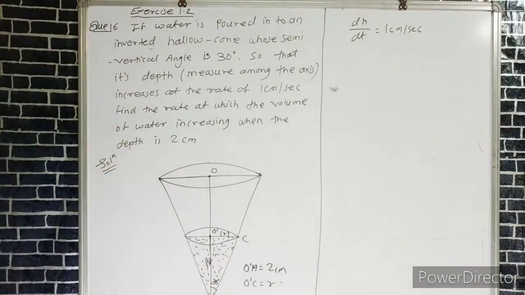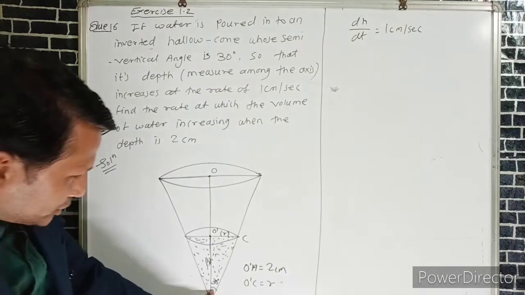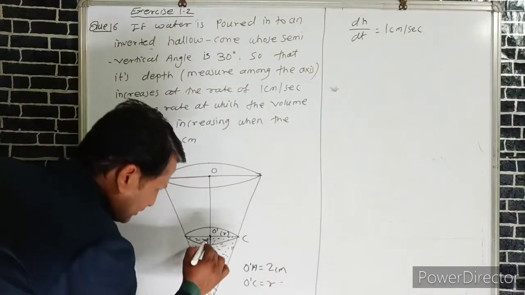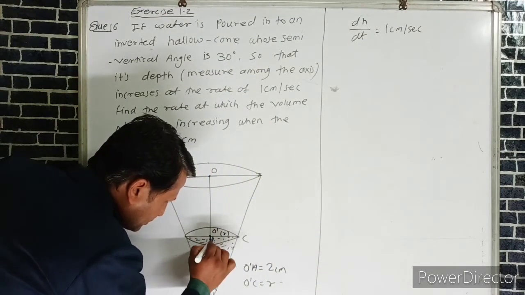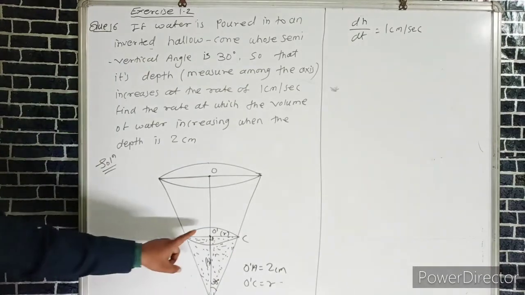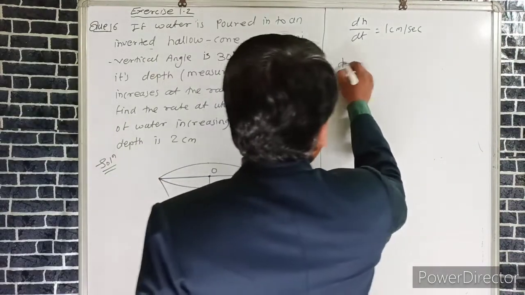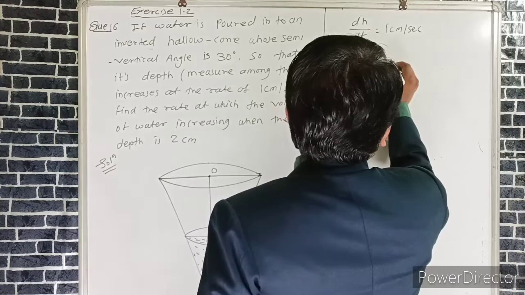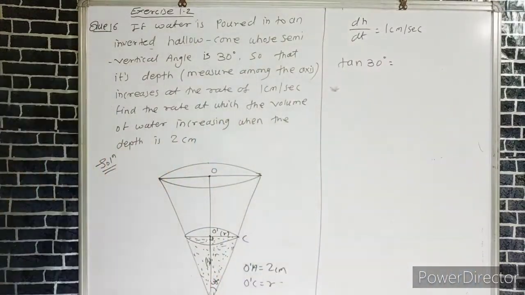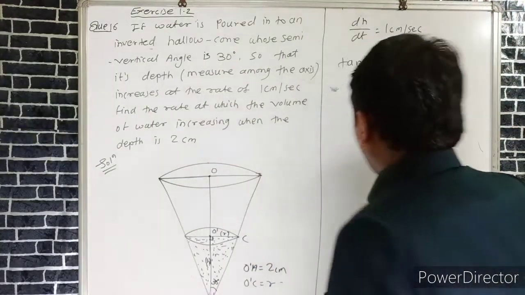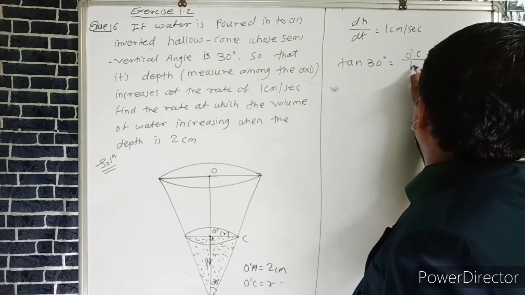Also here we have to find the rate of change of volume with respect to time t. Here the angle is 30 degree, and the angle at O dash is 90 degree, then we can say that tan 30 degree is equals to O dash C upon H, means opposite upon adjacent.